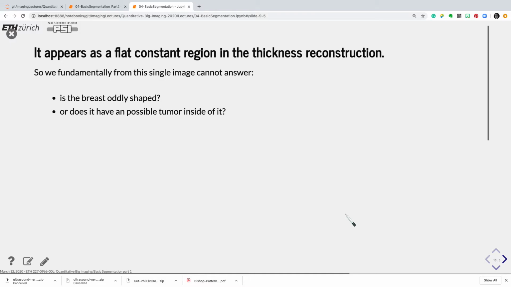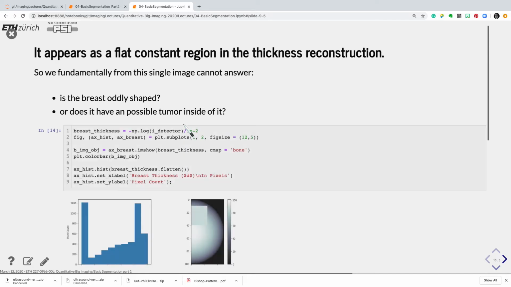So that is the question now. Is this breast oddly shaped, all of a sudden there is some edgy cube in it, or is it actually a possibility that you have a tumor inside? That is the question now for the segmentation to make a conclusion about.